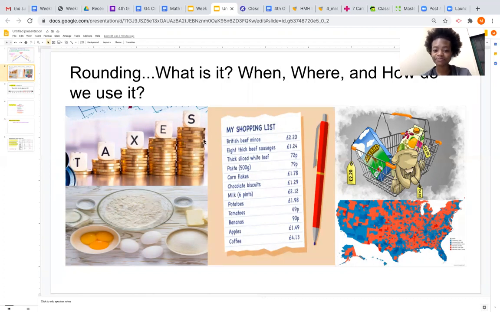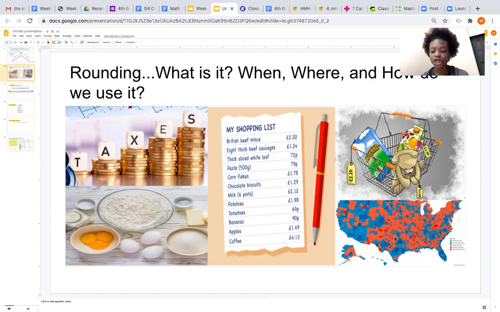We also find ourselves rounding or estimating when we are out at a restaurant with family or friends. If we have a few different orders, one thing may be $10.99, another thing may be $12.50, and we end up estimating and putting these numbers together so that we can have a general idea of what our total will be.